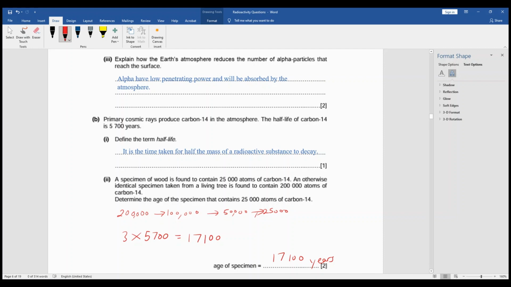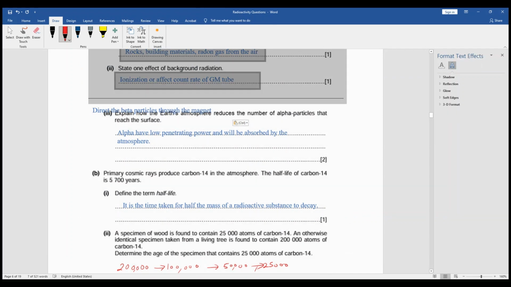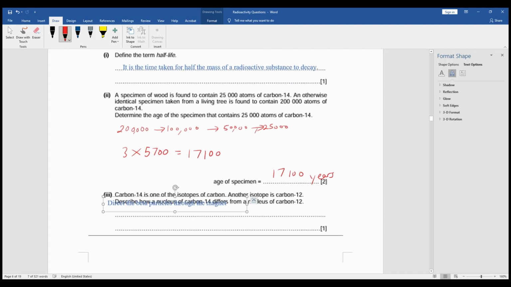Or not, you get deducted marks. Okay, let's continue. Carbon 14 is one of the isotopes of carbon. Describe how it differs. So basically, it's just asking you what is an isotope indirectly. So you can say the nucleus of carbon 14 has the same number of protons but different number.